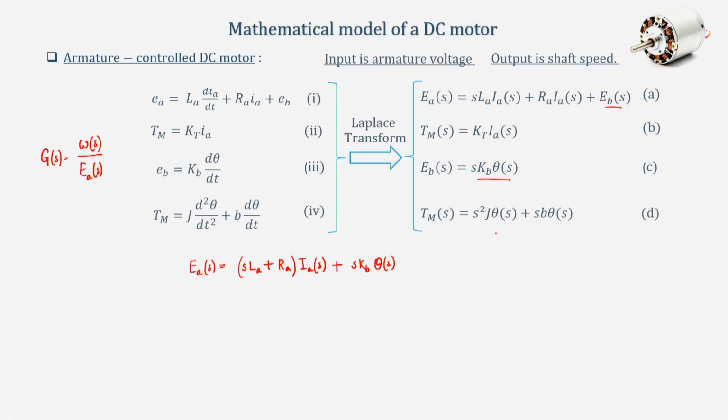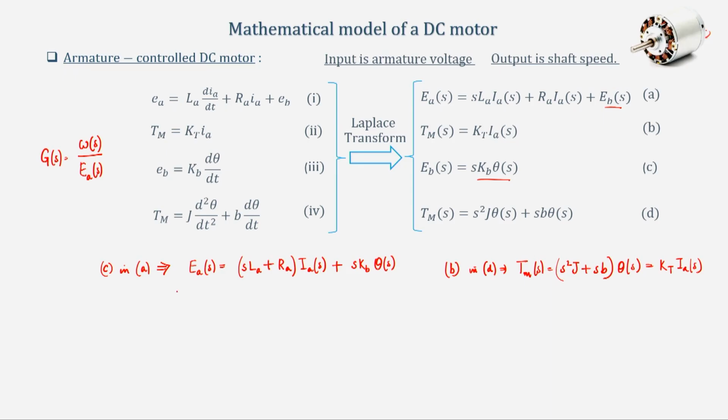And so, this comes from putting C in A. Again, here you can see from B in D we have Tm s equal to (s square J plus J B) theta s. So, theta s, this is equal to Kt Ia s.